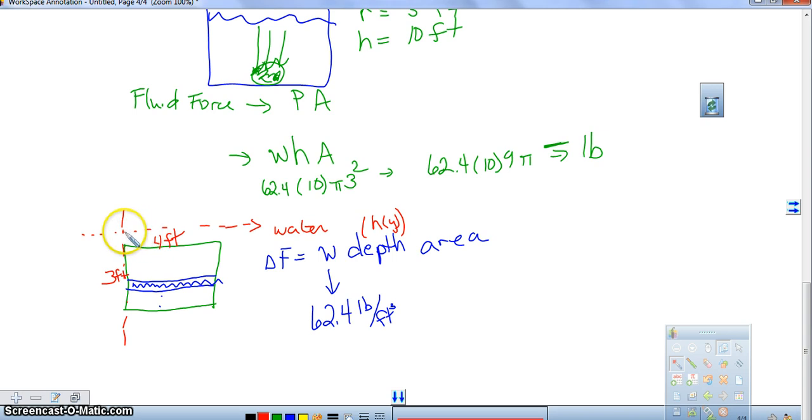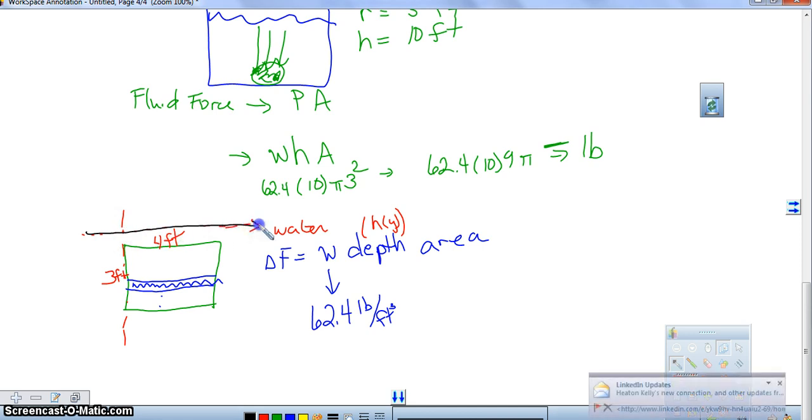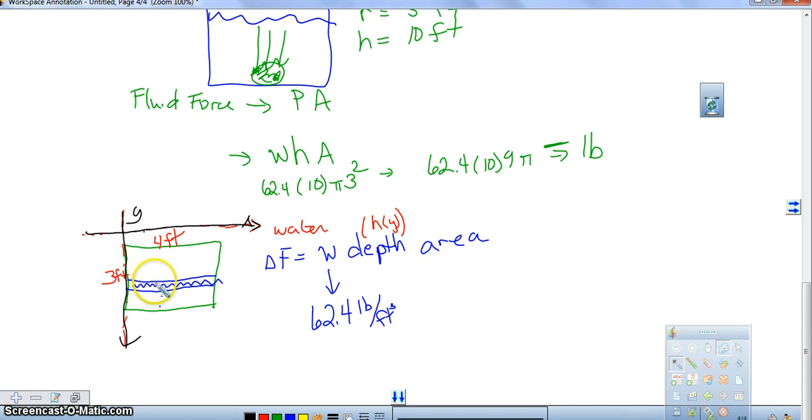Well, I drew, and this is where you can set it up different, but you should always get the same answer. I drew my axes right here. Here's my x-axis and my y-axis. So if I look at this little representative rectangle I drew, this is down from the y-axis.